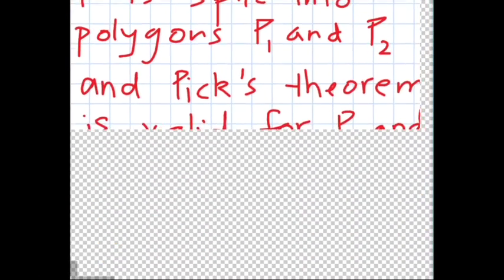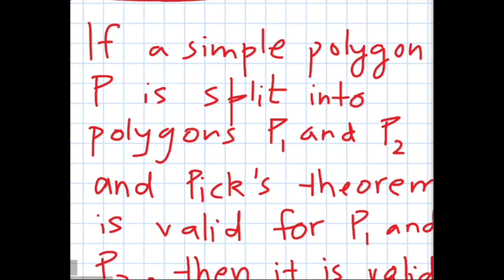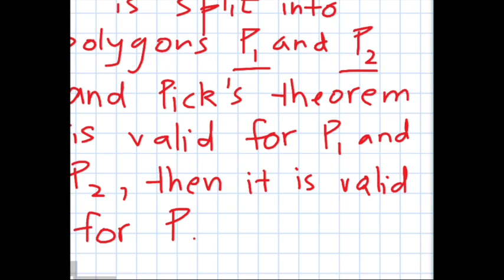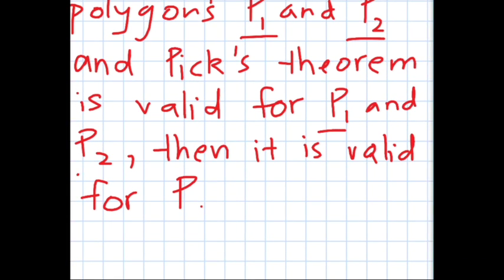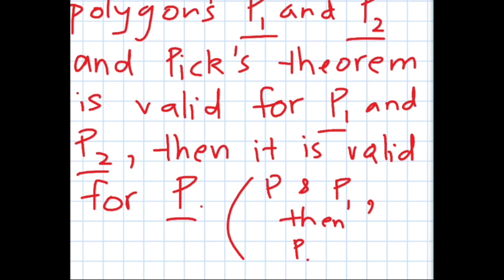Lemma 2, which we will be using, says that if a simple polygon P is split into polygons P1 and P2, and Pick's theorem is valid for P1 and P2, then it is valid for P. The same thing can be said as: if Pick's theorem is valid for P and P1, then it is valid for P2, and same with P and P2, then valid for P1.